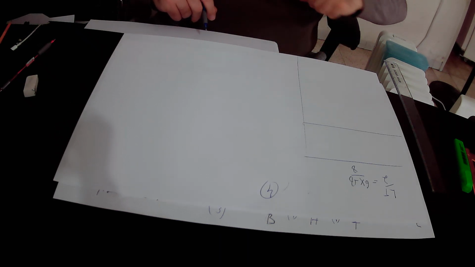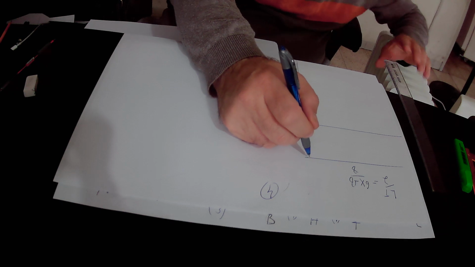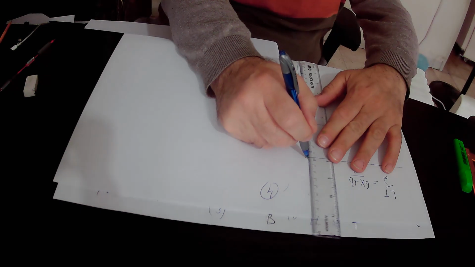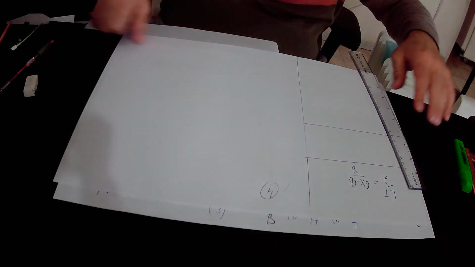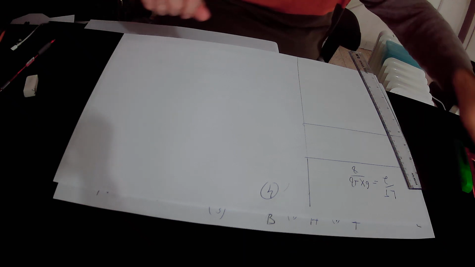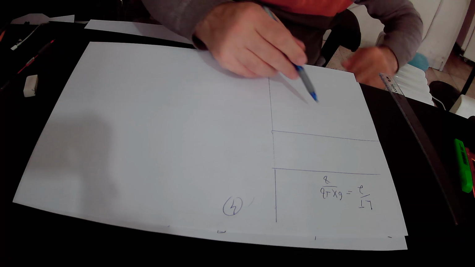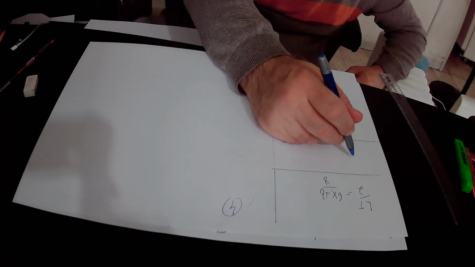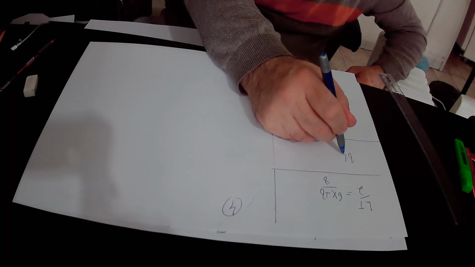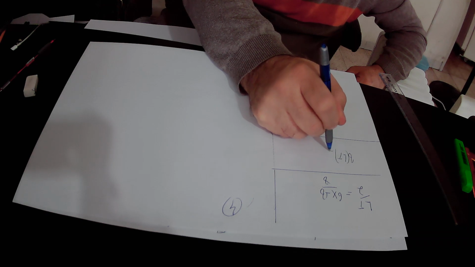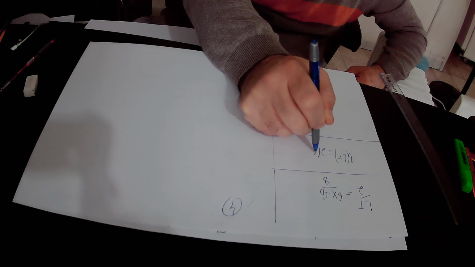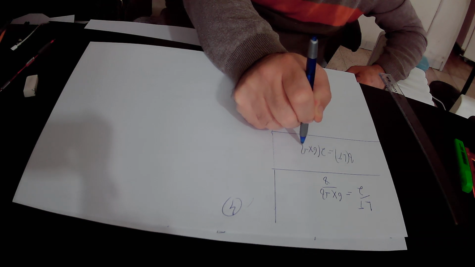Here we cross multiply this equation and we get that 8 times LT equals 2 times 6x plus 8.